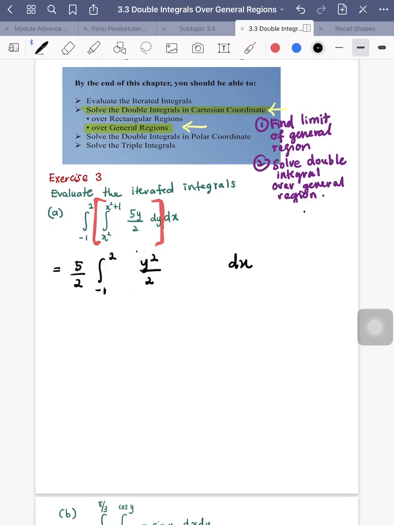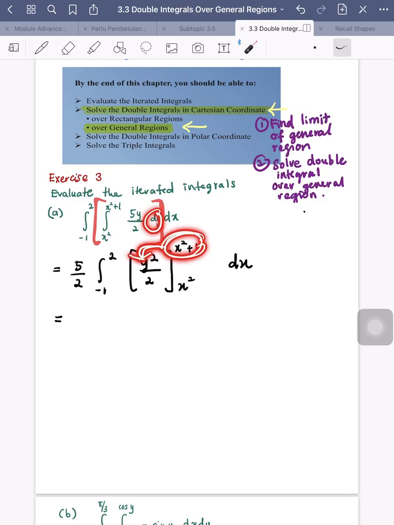Next, you put the limit from x squared until x squared plus 1. Next step, you put the limit upper minus lower. Since you integrate with respect to y, the limits go into y. Limit upper minus limit lower. Next, for the 5/2, I just copy the rest to the x.